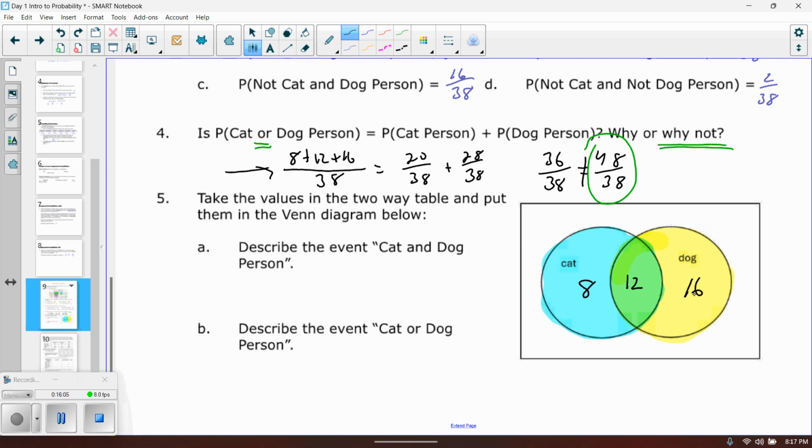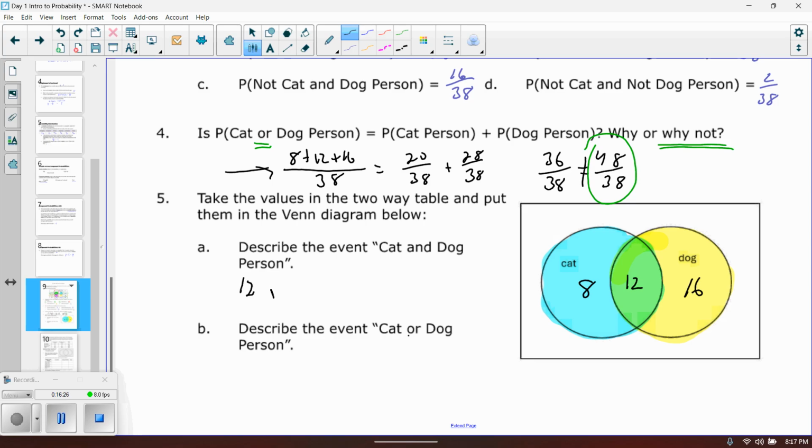So now what it's asking us to do is to describe the event cat and dog person. So take the values from the table, we did that, and we're going to describe what it means to be a cat and dog person. Or basically, there are 12 people who favor cats and dogs.